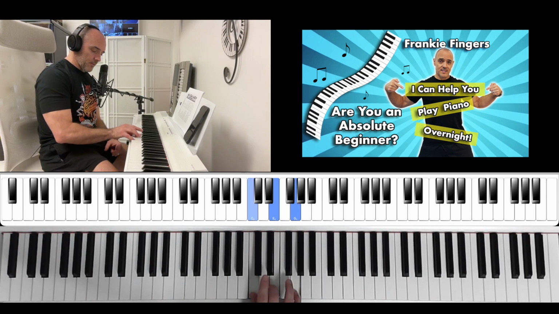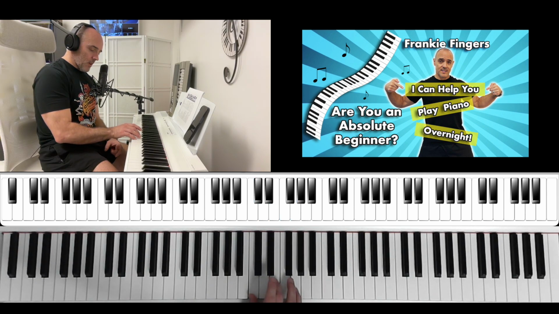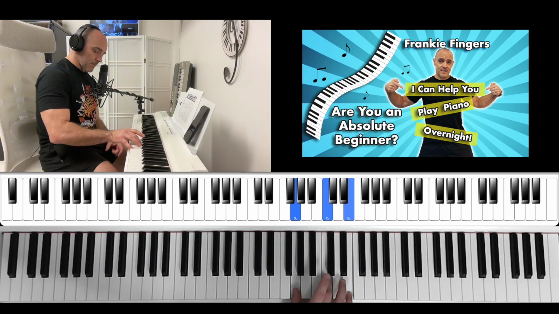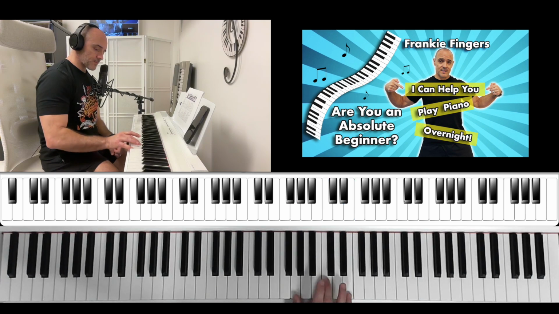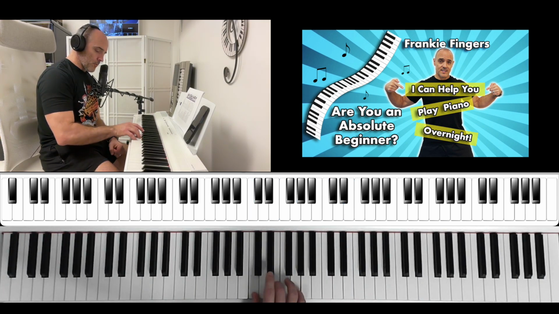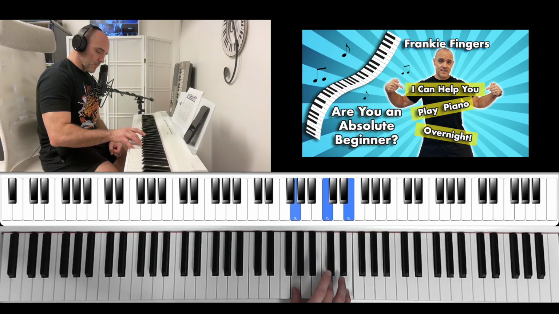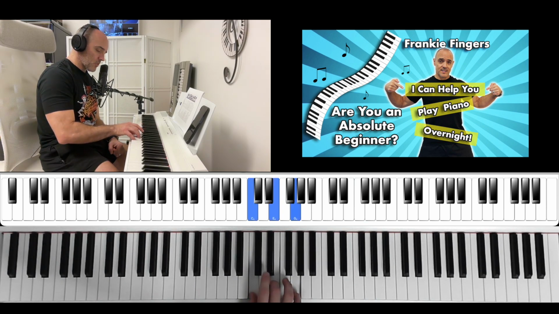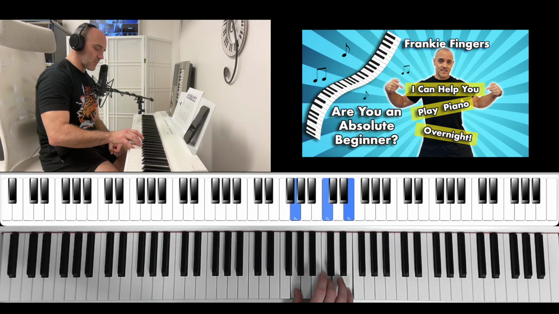Every other white note, every other finger. You can do that when you go to first inversion, and you probably should do that when you go to second inversion. So root, first inversion, second inversion, back to root. All the same chord. C, C, C.